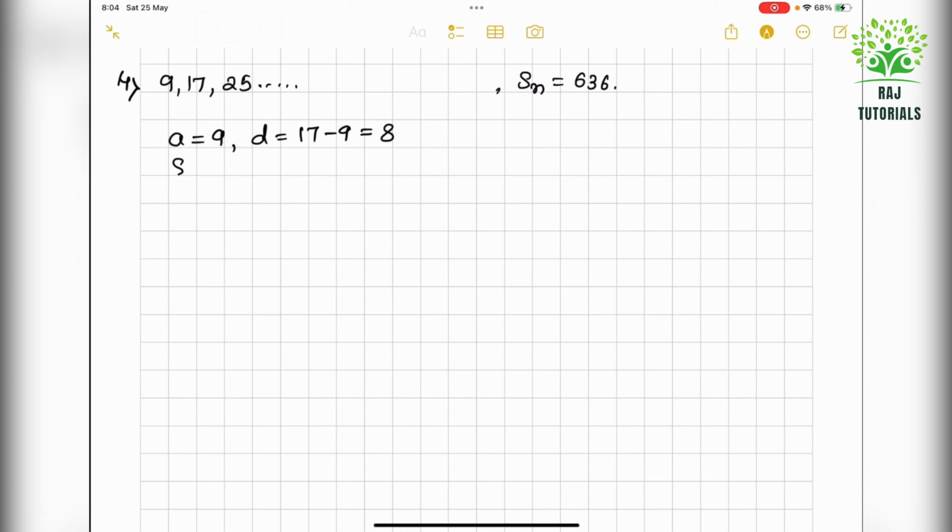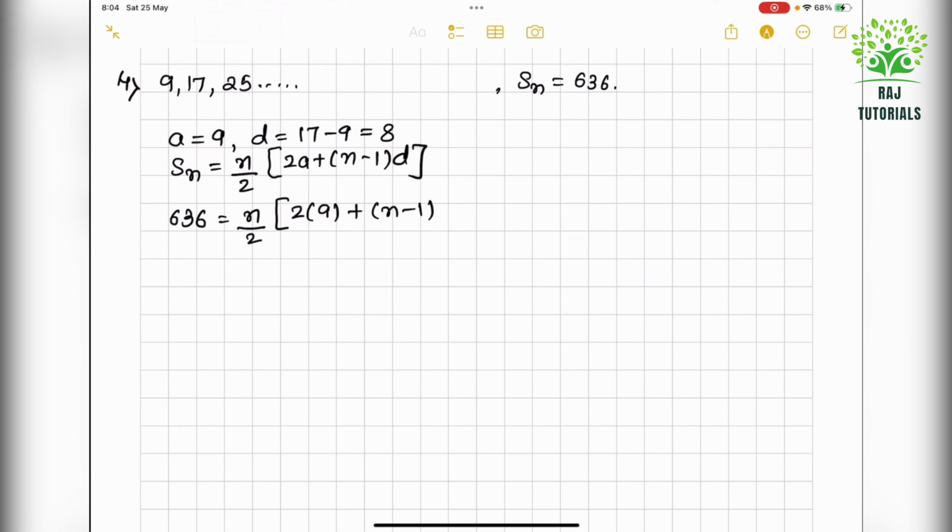Now we know that Sn equal to n by 2 into 2a plus n minus 1 d. So Sn is 636, n I don't know, upon 2 into 2 into 9 plus n minus 1 into d, which is 8.